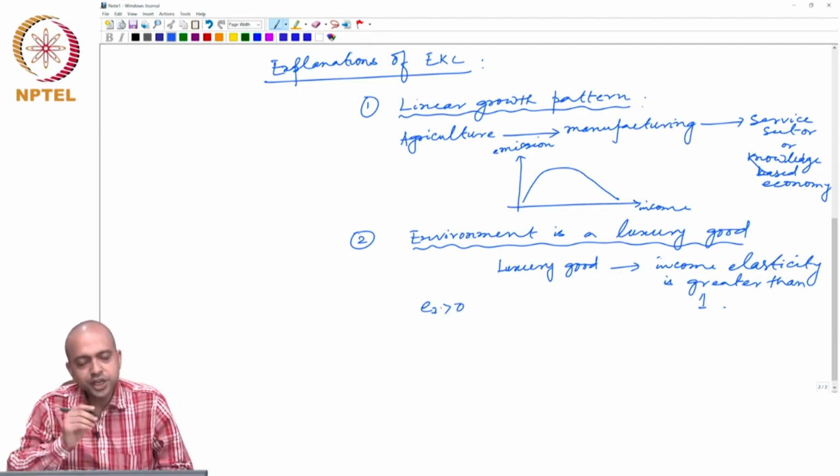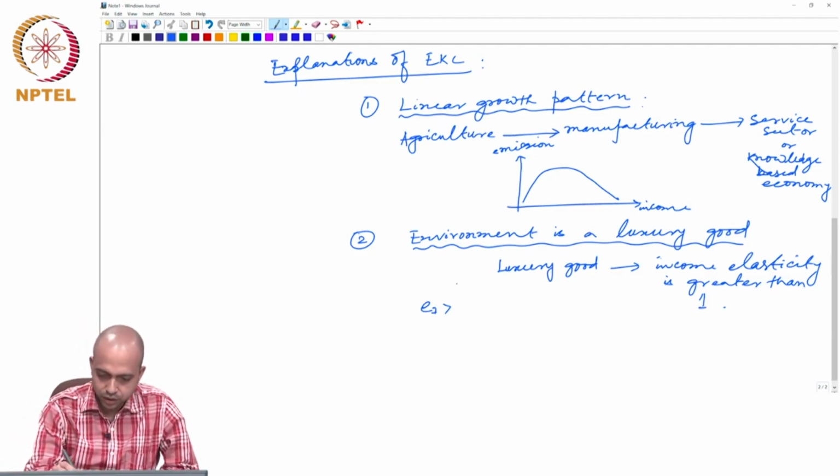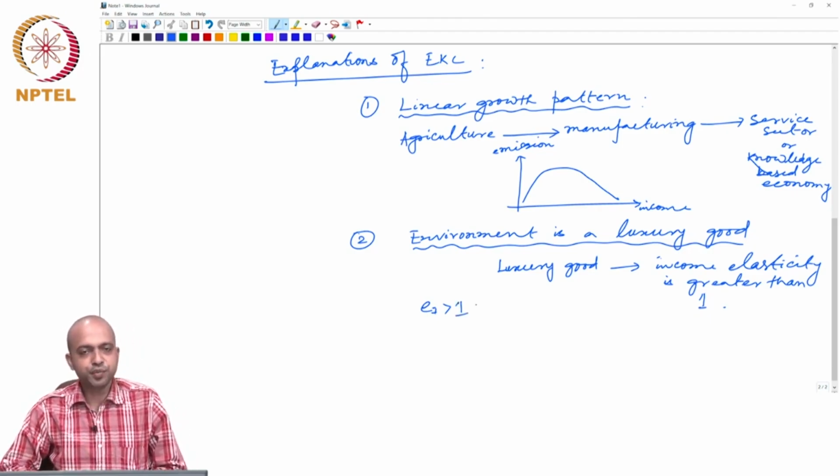Now, what is the implication of EI being greater than 1? That means as income increases, people start spending more than proportionate on environmental goods and services. Then how does it explain the environmental Kuznets curve?